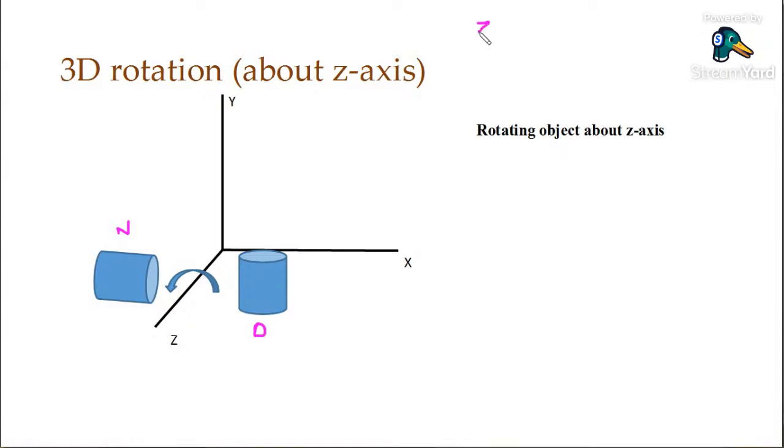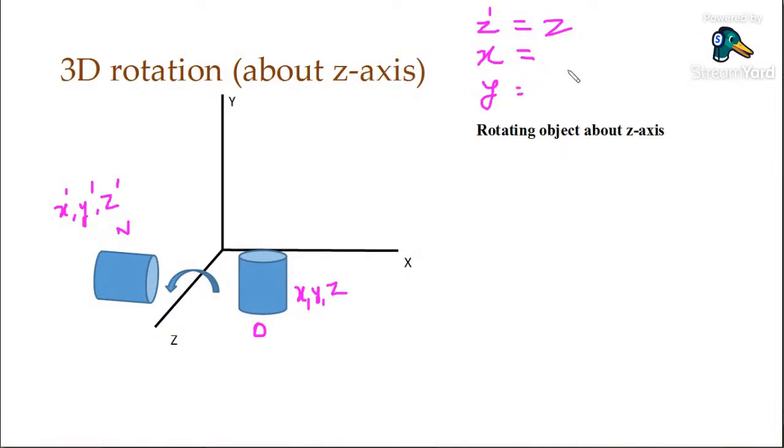Suppose the original has x, y, and z, and the new object has coordinates x dash, y dash, and z dash. So in that case z will remain the same. Only x and y will change.